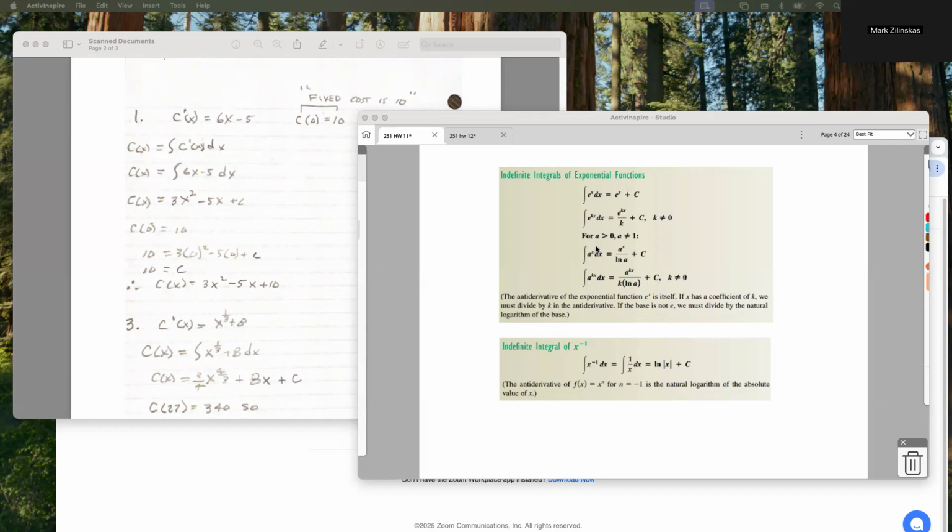I didn't want to give you an example early on because typically they're used with the method called substitution or the chain rule. So we're going to get into that later, as well as the antiderivative for 1 over x, which is the natural log of the absolute value of x. The reason for doing that, obviously, is because the domain has to be a positive number for the natural log function.